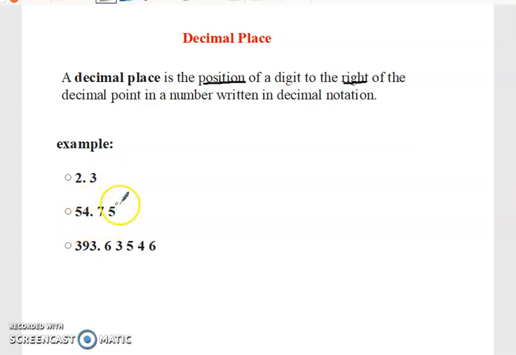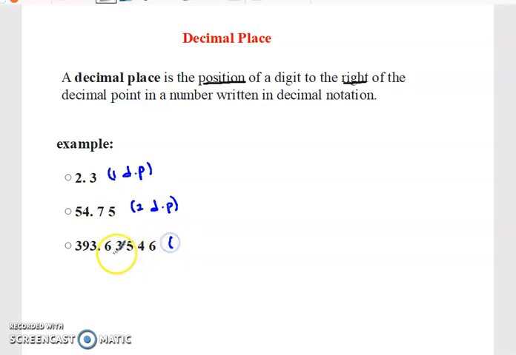The second number, 54.75, is written to 2 decimal places. This is 1 dp, which means decimal place. This is 2 dp, 2 decimal places, because you have 2 numbers to the right of the decimal point.